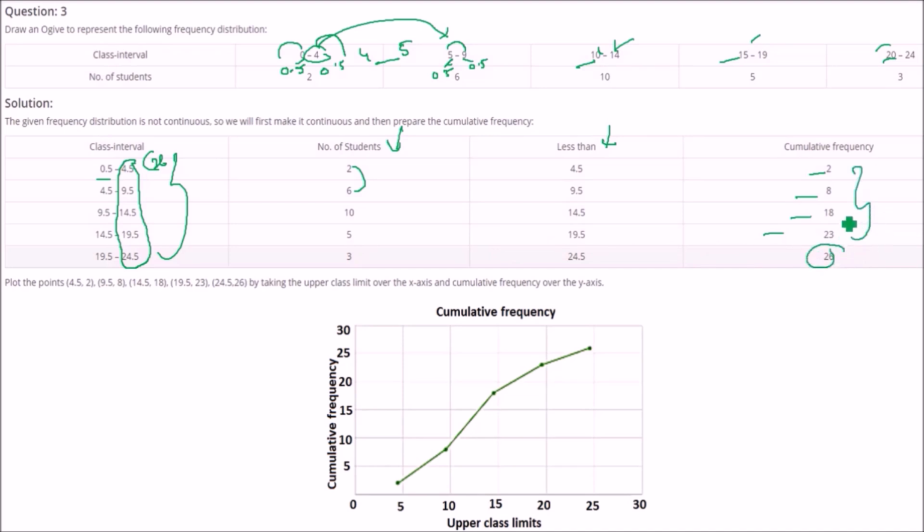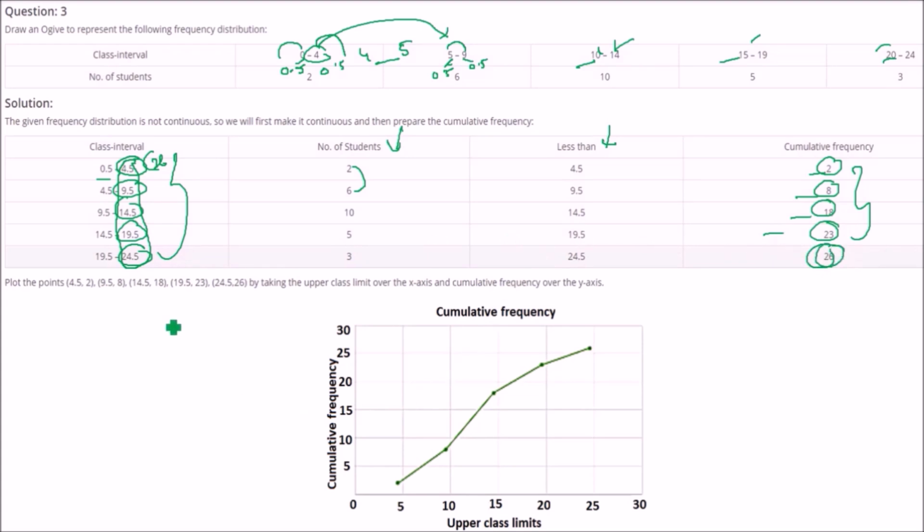So this is your cumulative frequency. So x coordinate will be 4.5, y coordinate will be 2, x coordinate 9.5, y coordinate 8, x 14.5, y 18, x 19.5, y 23, x 24.5, y is 26.